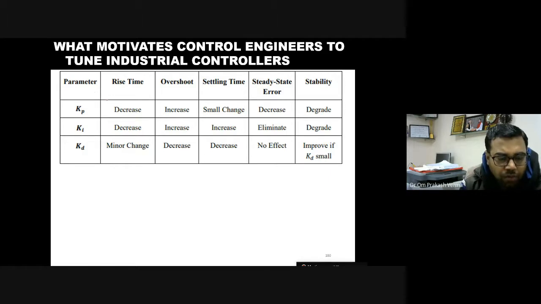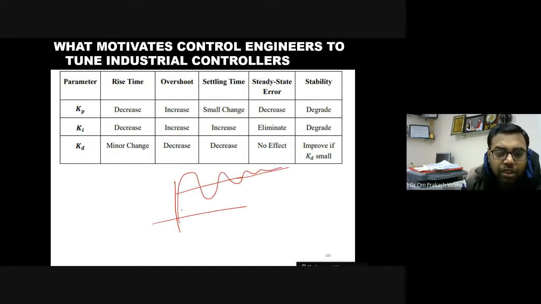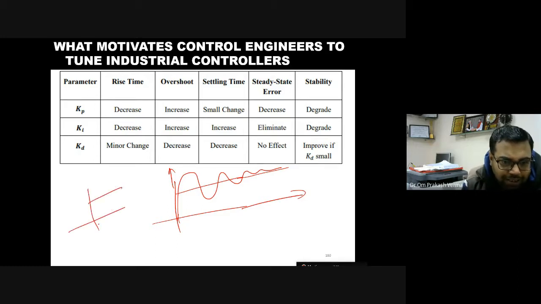So what happens here, as you know, this is the equation, right? This is the response of any second order system or first order system of the control system. We desire such a type of response from the system.